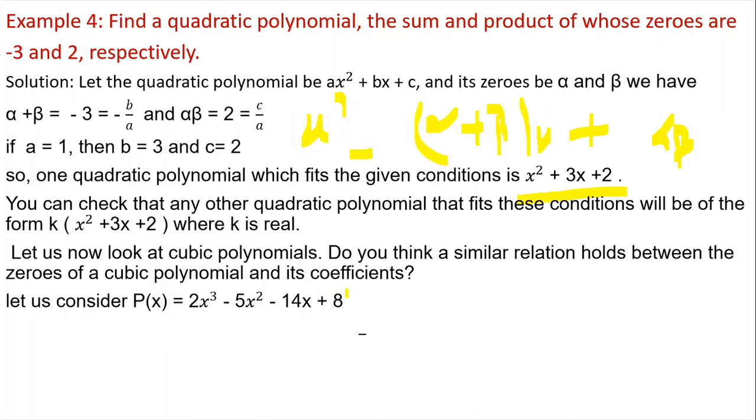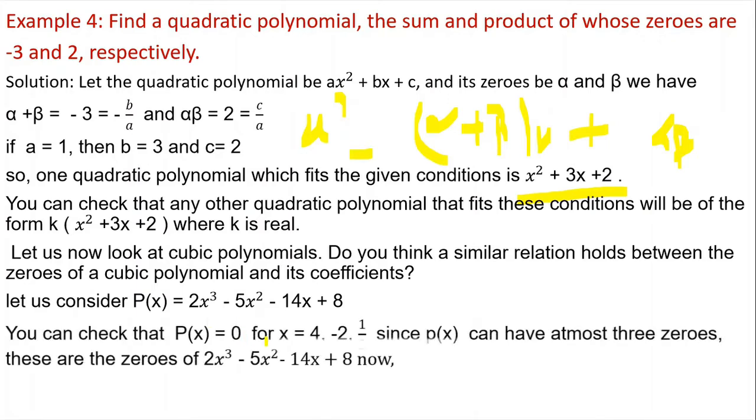Because the degree of the equation is 3. Now let us assume the zeros for the given p of x. We know that for degree 3 we have at most 3 zeros. So I am considering 4, minus 2 and 1 by 2 as the 3 zeros for the given cubic polynomial.